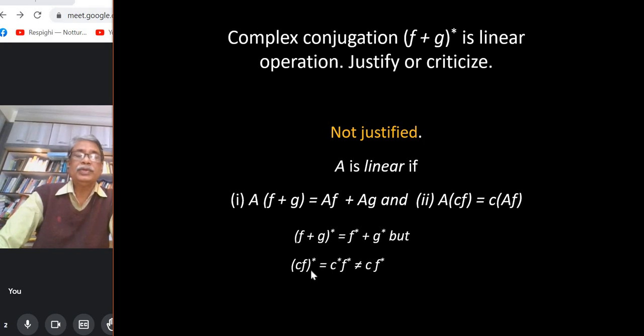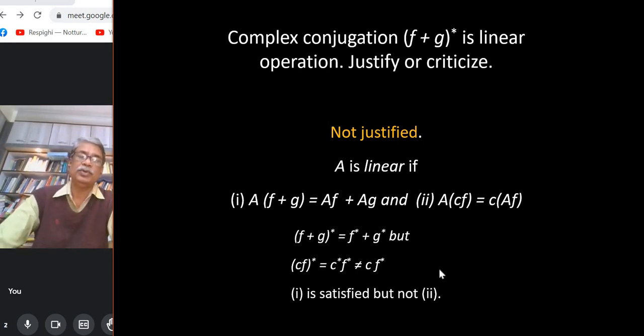But (cf) whole star, that is A on cf, that means conjugation. So (cf) whole star is c star f star, but c times the conjugate of f is c f star. So on your right it is c f star, but on your left it is c star f star. So in general, it's not true, it's not justified. Of course, if c is a real quantity, then it's justified, but that's a special case.